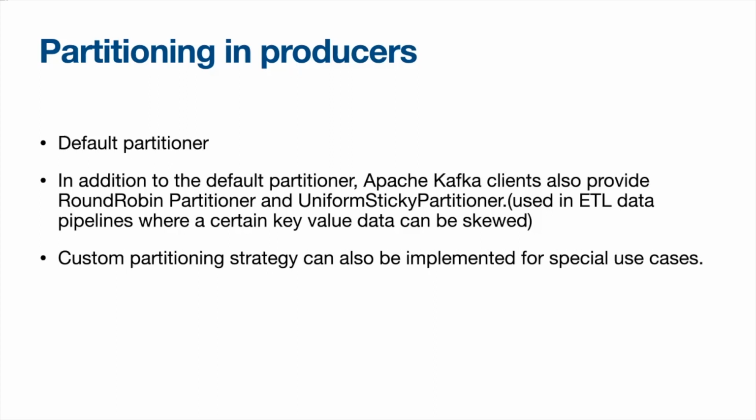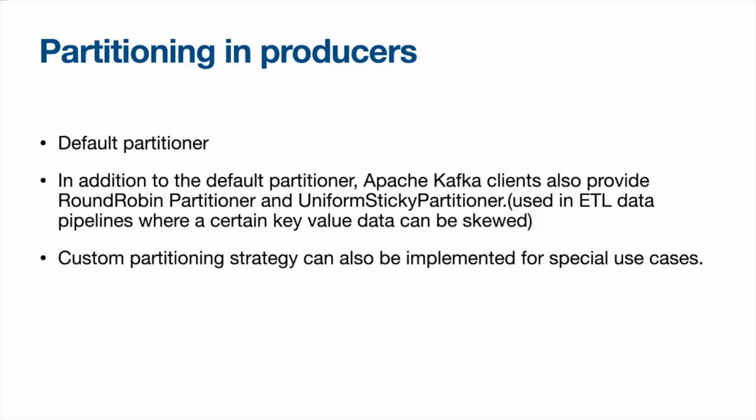In case I don't want the keys to influence such data skewness when partitioning data, I could use a round robin partitioner or uniform sticky partitioner to distribute data among these two partitions so that an even volume of data is maintained across all my partitions in my Kafka broker.